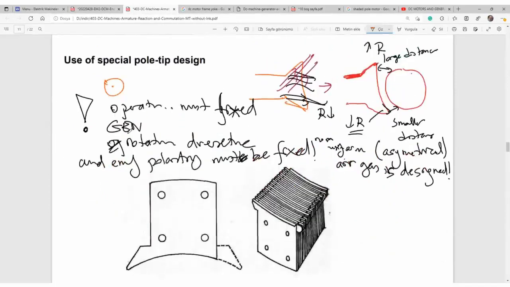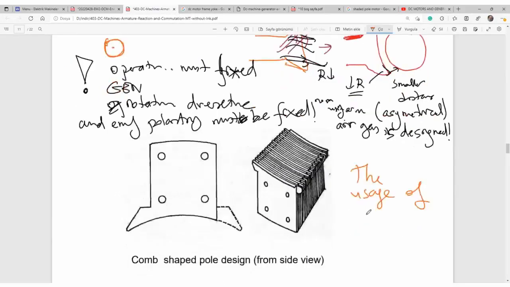something must be fixed. So the usage of this approach is not common. It can be done, but it is not common.